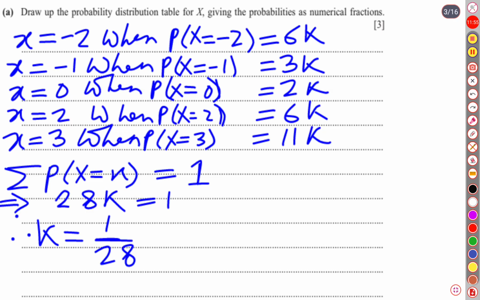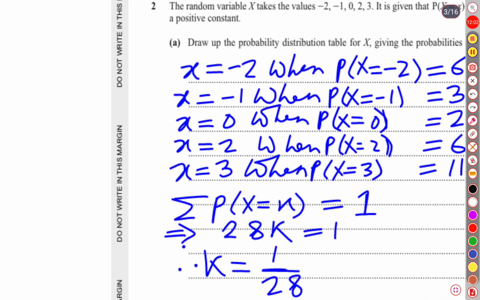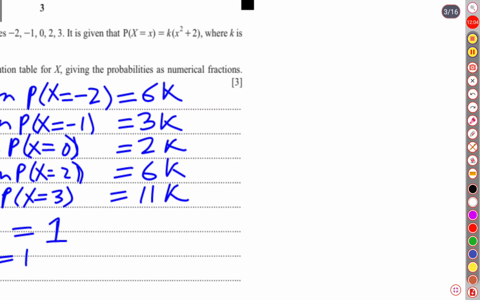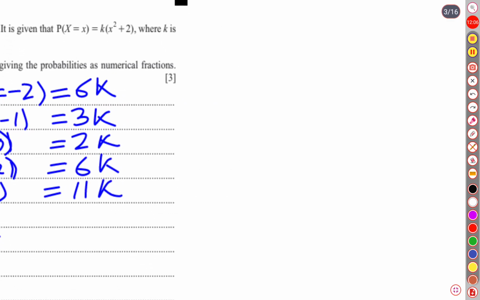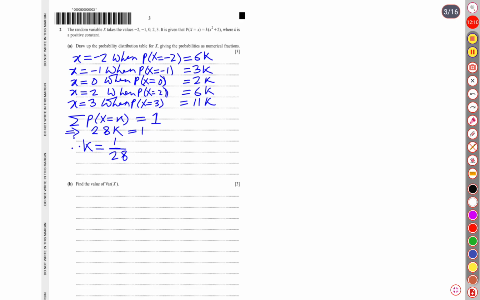Well, now we can write our probability distribution table. Let me write it somewhere else, on the right side. Yes, I think the right side is a better place. Probability distribution table.